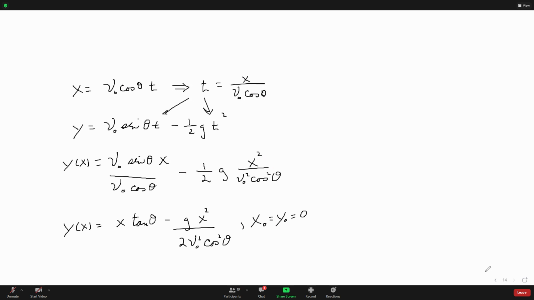So let's do an example. Let's say that I have a cliff, and let's say this cliff is 100 meters. Actually, 100 meters is really large.